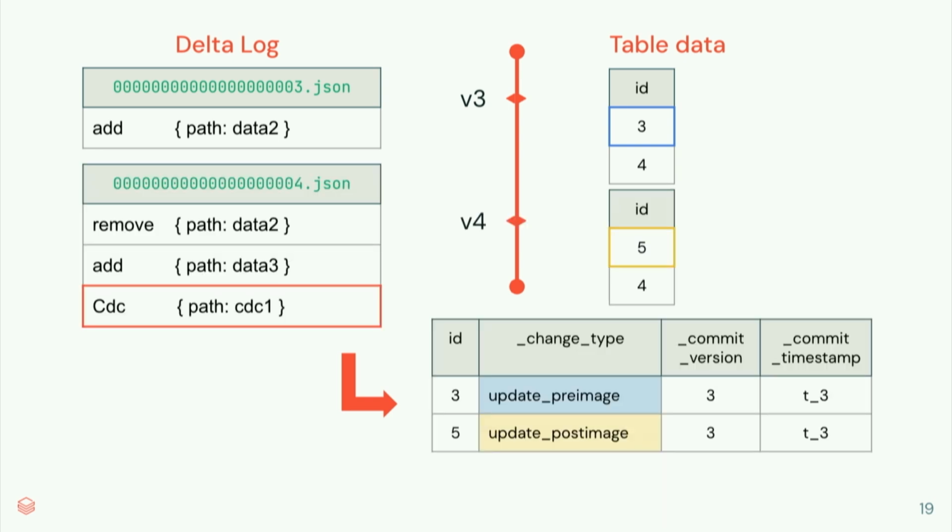Let's take a look at this example over here where we have a CDC file. And once again, it's Delta log operations that the connector ecosystem would have to go through. They would have to go and figure out, oh, I need to go read the CDC file and figure out what's the pre-image and what's the post-image. This is stuff that we've implemented in Delta kernel Rust.